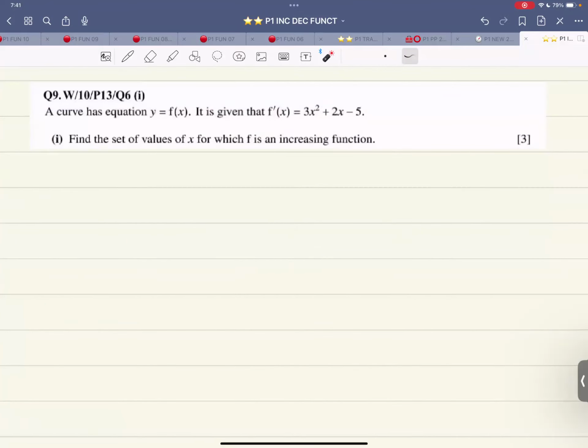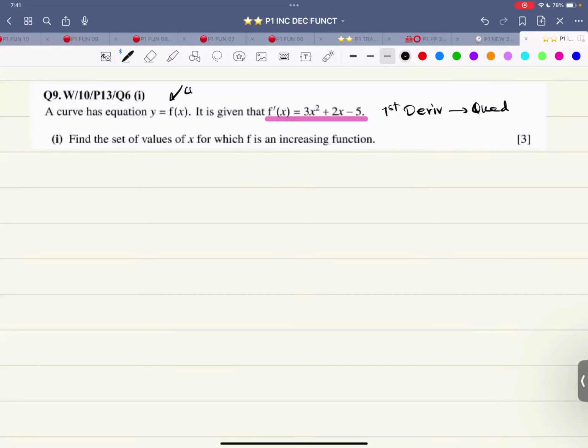Question number 2. In this case, it's question number 9 in the order, but this is question number 2. It says a curve has equation y equals f(x). It is given that f prime x is this. We don't know what the original function is, but the first derivative is quadratic, and we will soon learn integration.